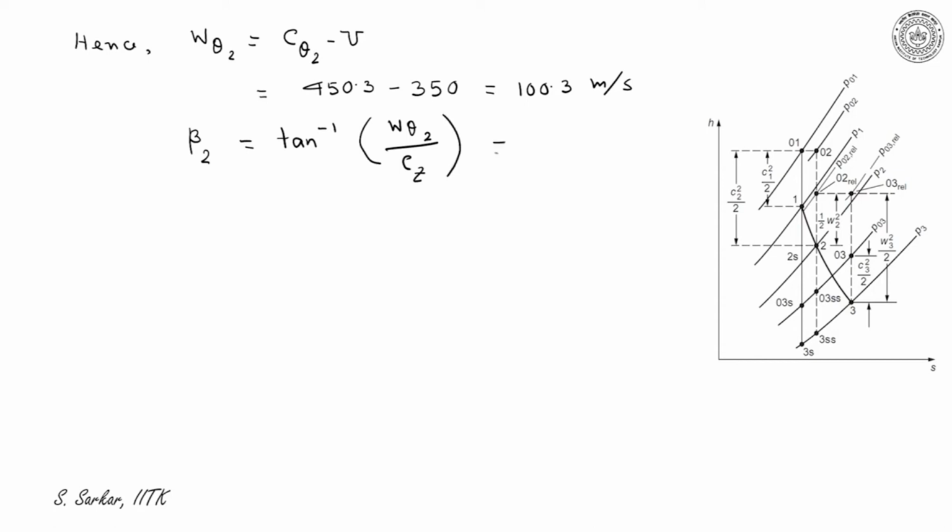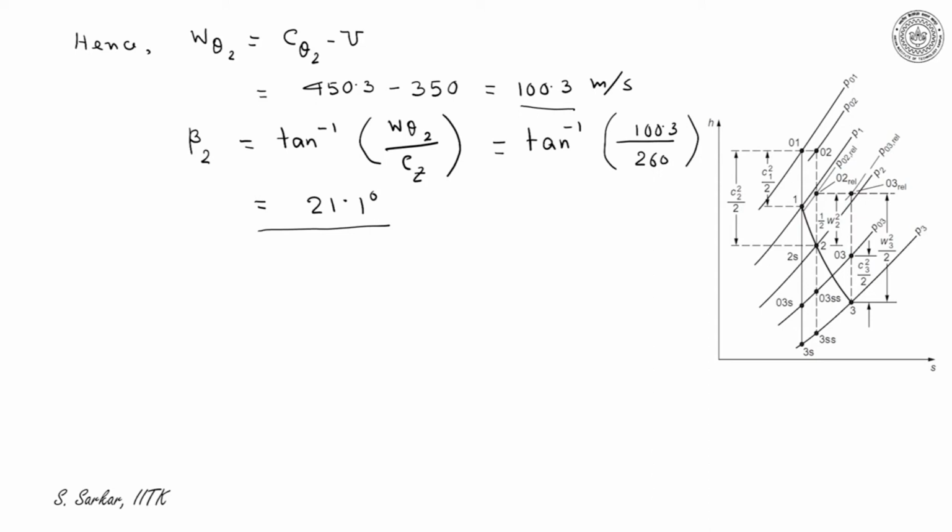Now it would be tan inverse of W theta 2, which I have evaluated as 100.3, divided by Cz, which is given as 260. Thus beta 2 I have evaluated as 21.1 degree. Please check the numerical values.